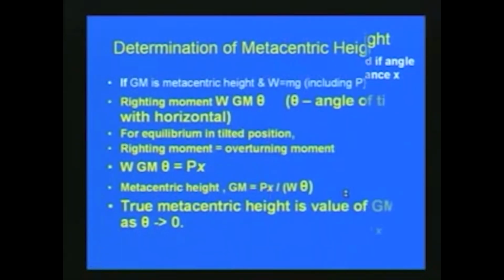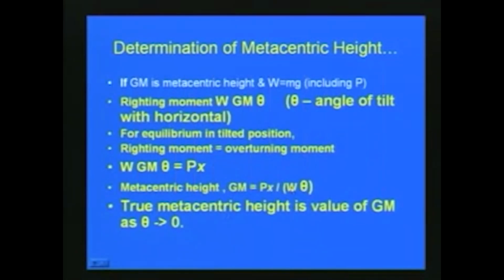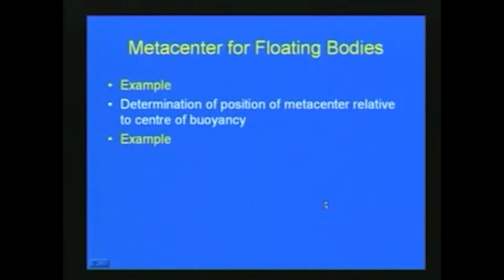The same thing we can write as GM is equal to small w x, where small w is the weight of the small body on the vessel and W is the total weight. So GM is equal to wx by W tan theta, or when theta is small, W theta, as indicated in this slide. Like this we can determine the metacentric height.